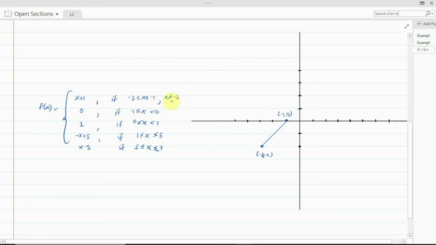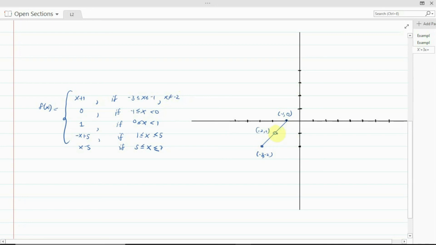But when x is negative 2, what is our function value? It's negative 2 plus 1, so it's negative 1. So, the point negative 2, negative 1, where is that? Here, negative 2, negative 1. That should be a hole, because x equals negative 2 is not included. Okay?